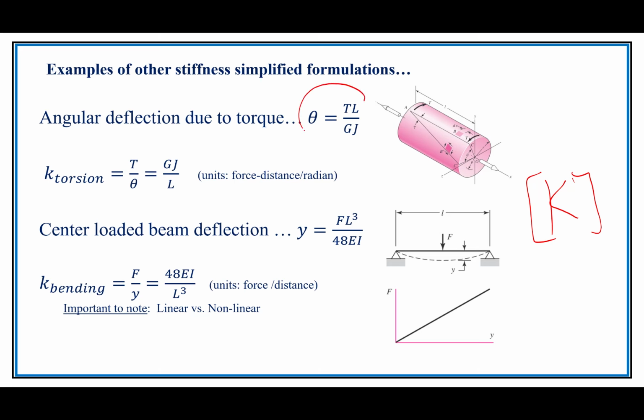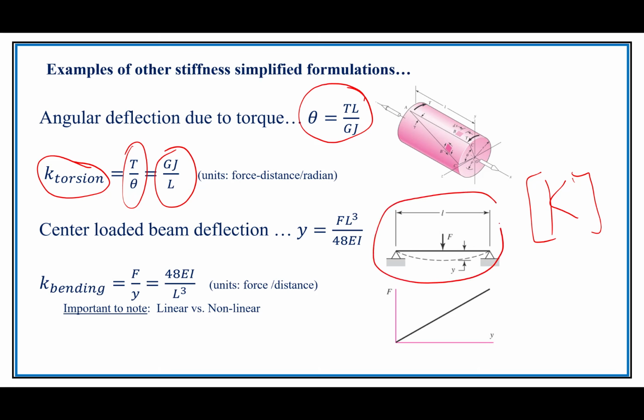So one that we know really well for torsion is TL over JG, I usually say. We could think of it as having a stiffness, like in this case right here, where we've placed the load over the displacement, just like we did with the other stiffness. Or we could go and look up, for a beam, a case where we have force and displacement. Here we're calling displacement y. So FL cubed over 48 EI could be for a simply supported beam.